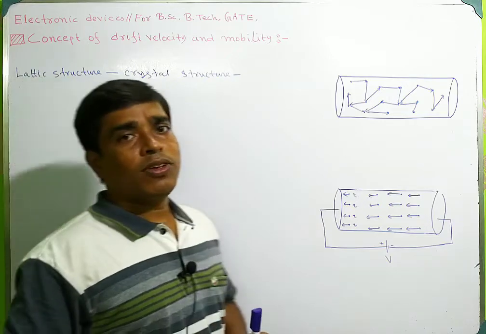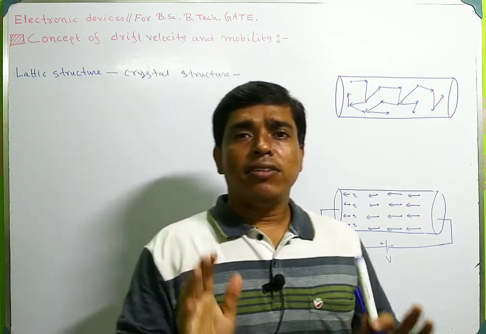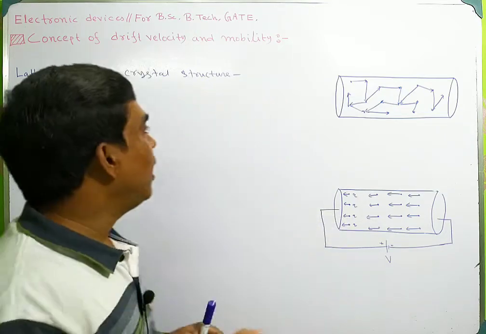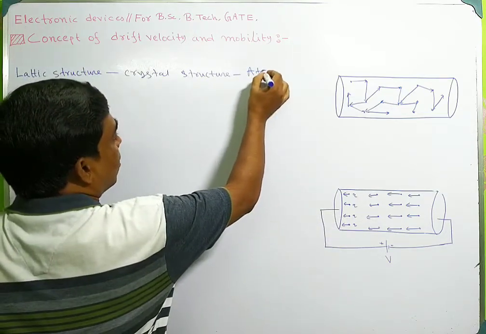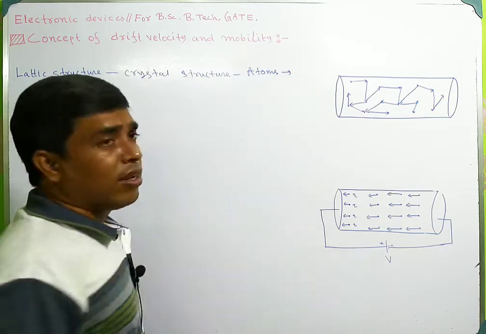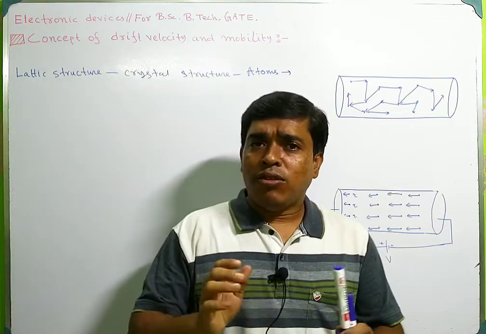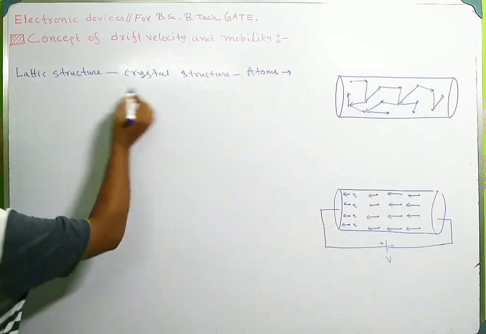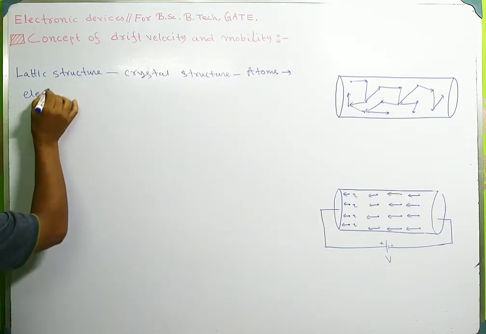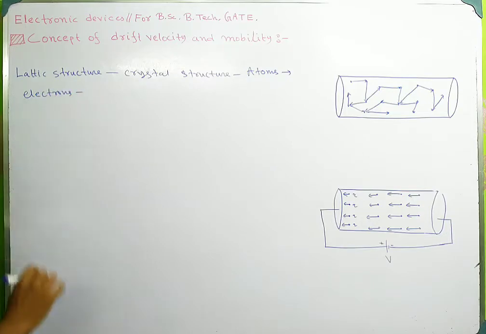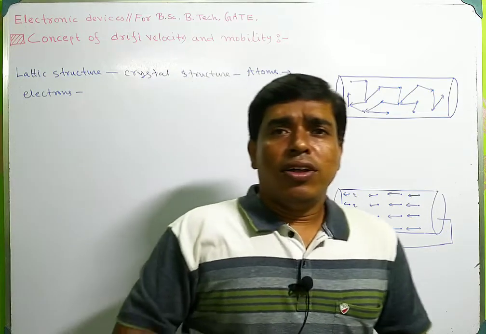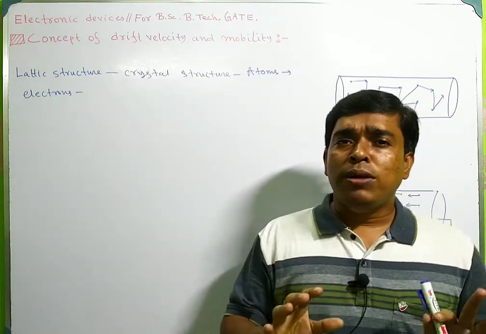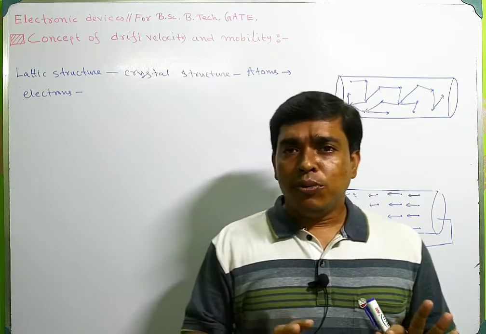So each crystal structure contains several atoms. Now each atom contains several electrons. Now the outermost electrons of the atoms are loosely bound to the nucleus.